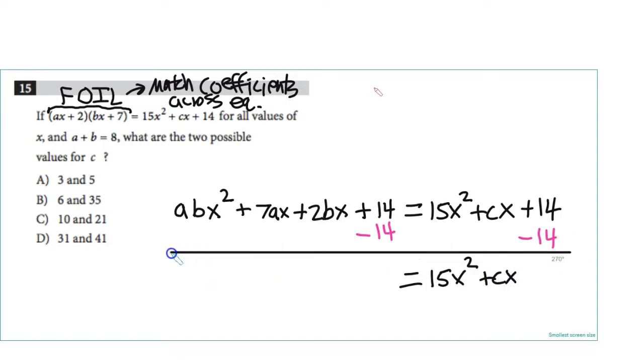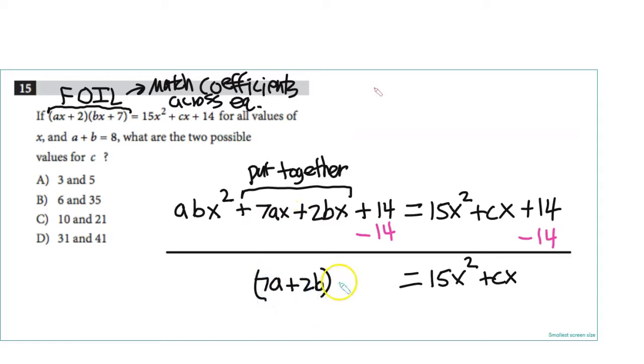Now here, I think we should do something kind of special with these two x terms. So let's put these together. They're both x terms, so we get (7a + 2b) times x. And then we still have the ab x squared out front. I feel like we're just making it a lot more complicated.